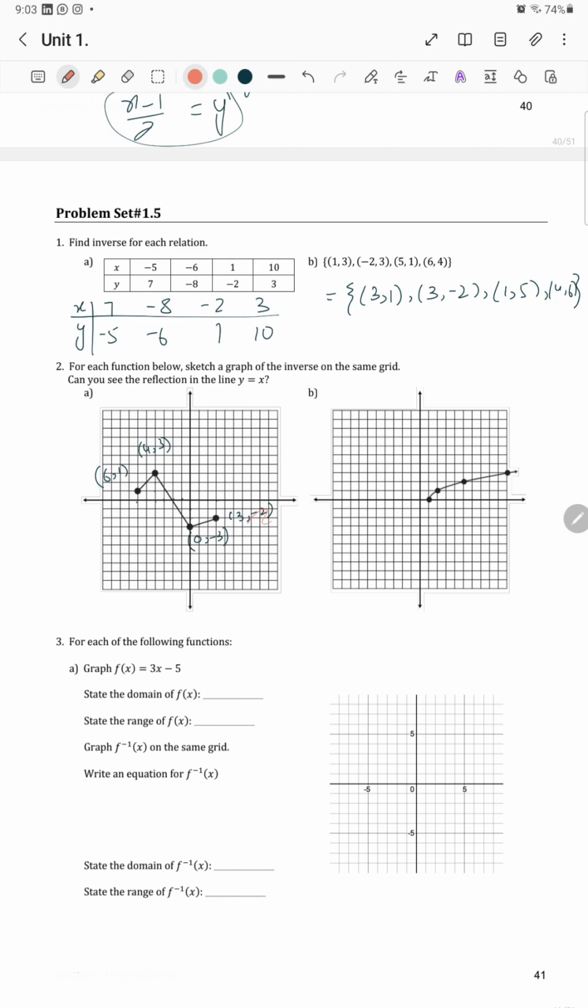So the inverse of (3, -2) would be (-2, 3). (0, -3) would be (-3, 0). (3, 4), and (1, 6).